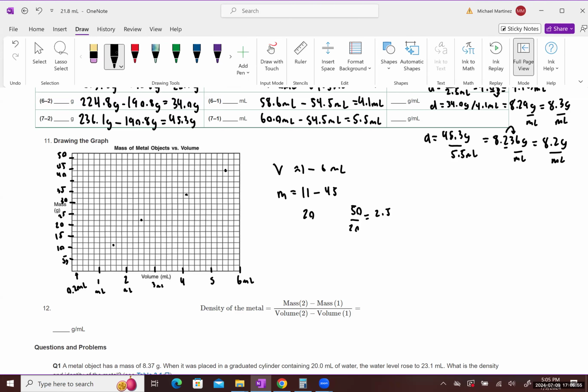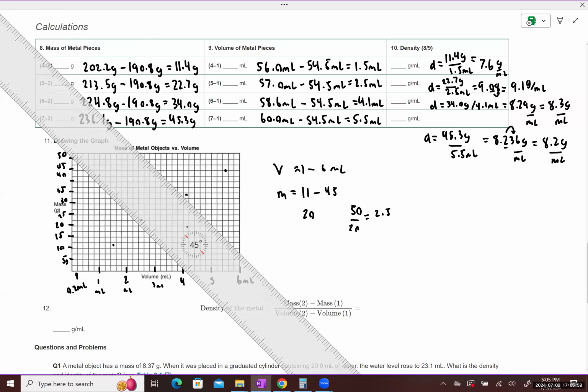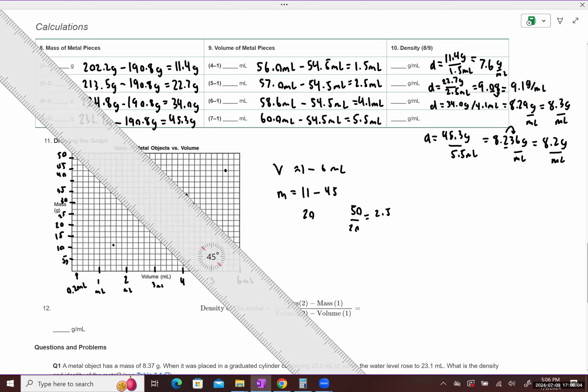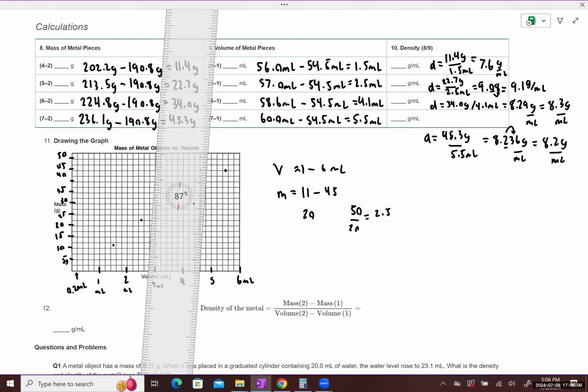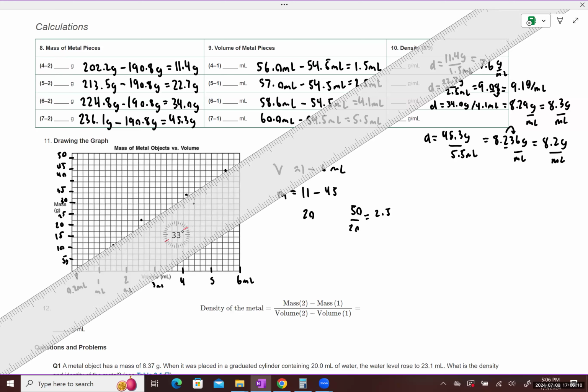Okay, now what we're going to do is draw a single best fit line. To do that, we break out a ruler, and we're not trying to get every single point.